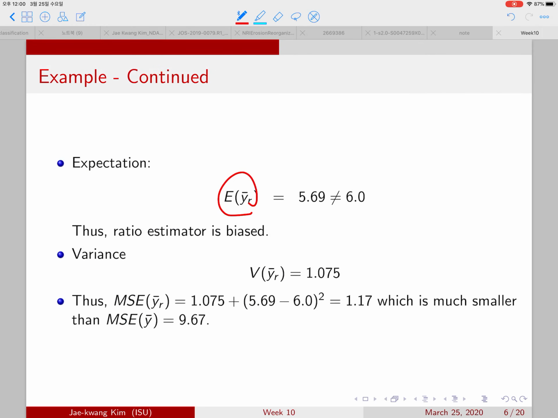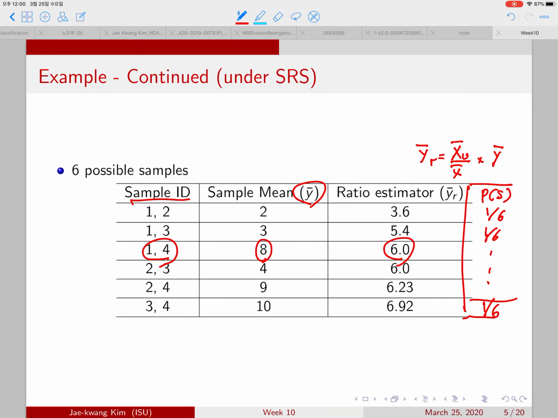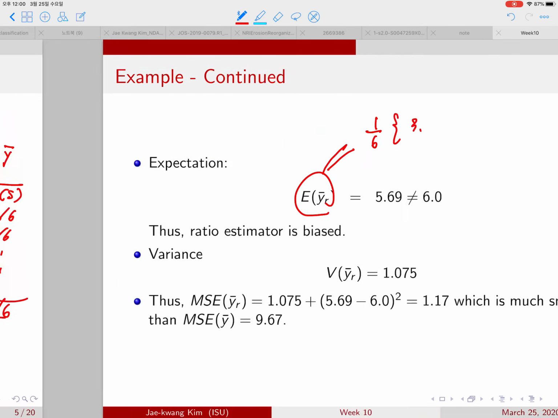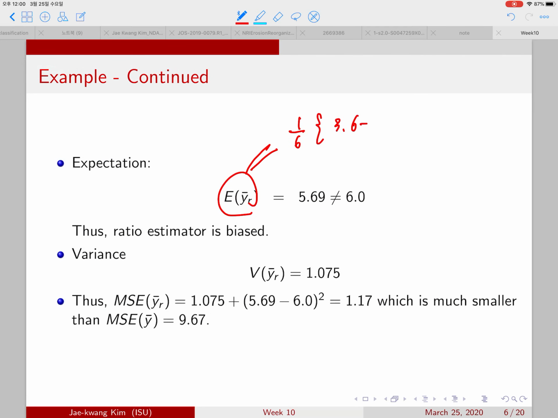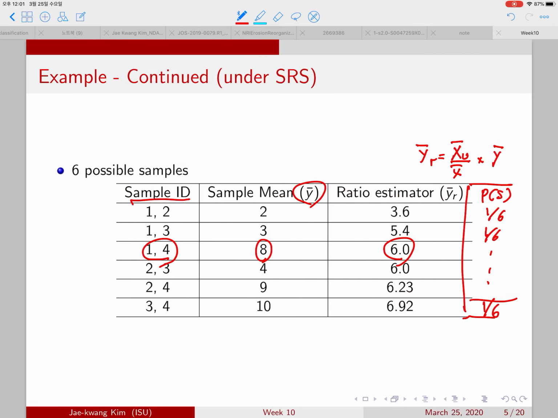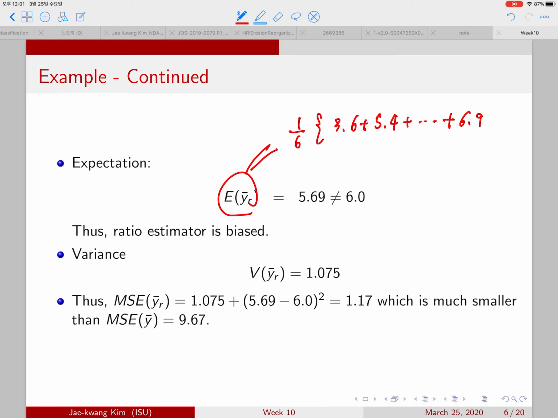So this one is essentially 1/6 times 3.6 plus 5.4, and so on, which gives 6.92.